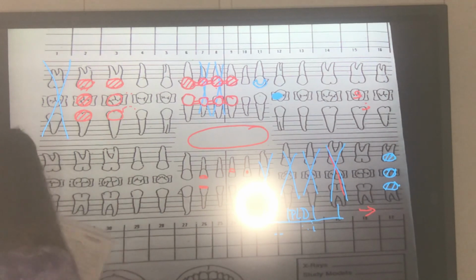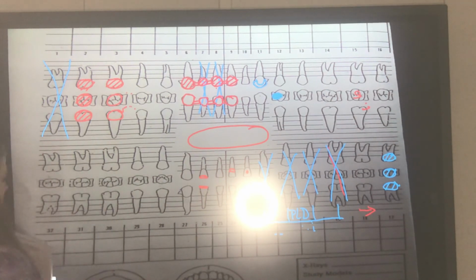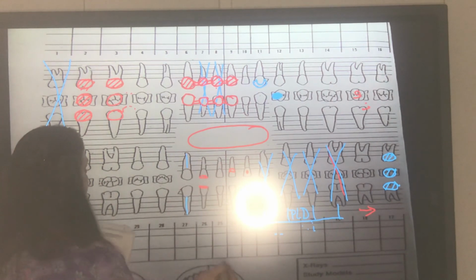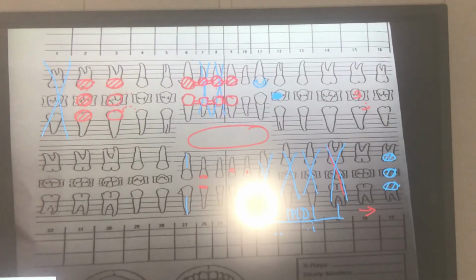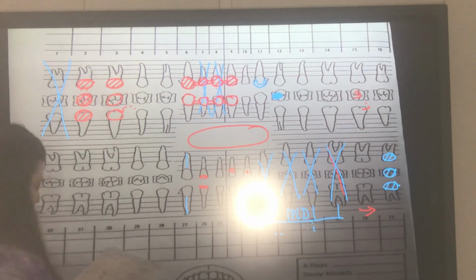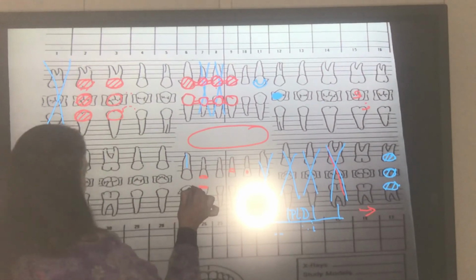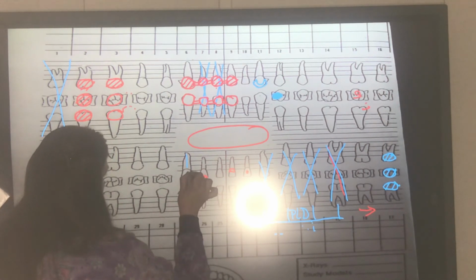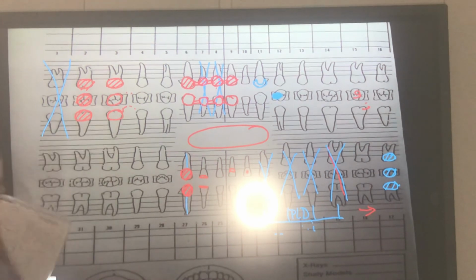Okay, number 27 has a root canal. But they forgot to do the crown on that tooth, so it needs a full gold crown. We would never do a full gold crown on tooth number 27, but just for fun, we're putting one. Okay?